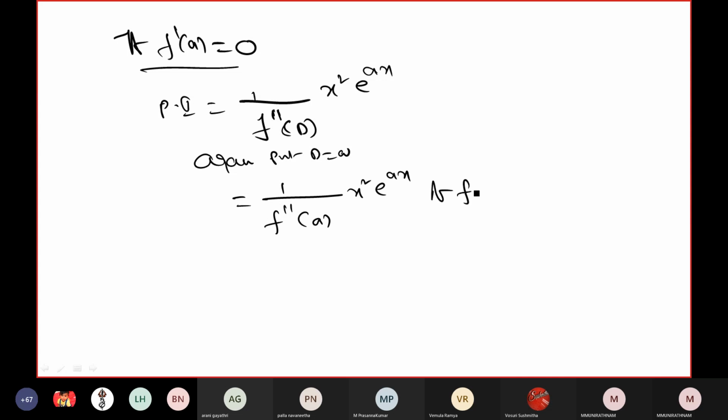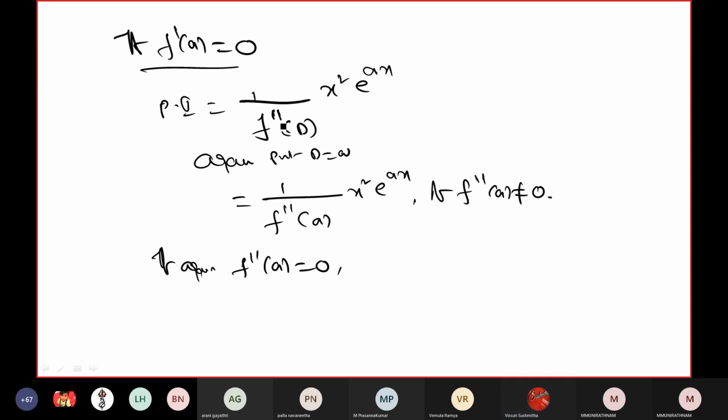If f double dash of a is non-zero. If again 0, what happens? Anyone? Third derivative. Yeah.